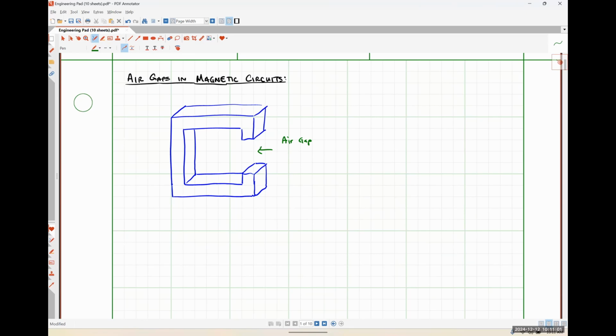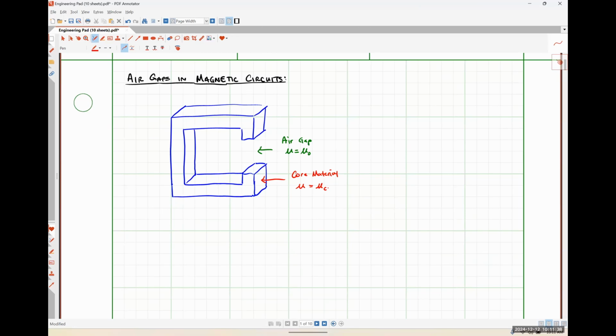So air's permeability, mu, is pretty much just the same as the permeability of free space. And then over here, we have our core material. And we're going to say that its permeability is mu c, which is typically speaking hundreds, if not thousands of times larger than the permeability of free space, dependent on the material that we choose to use for our core.